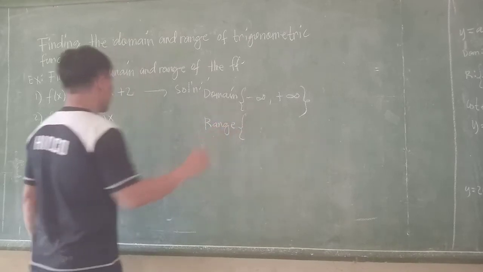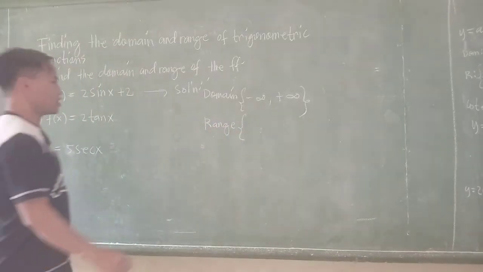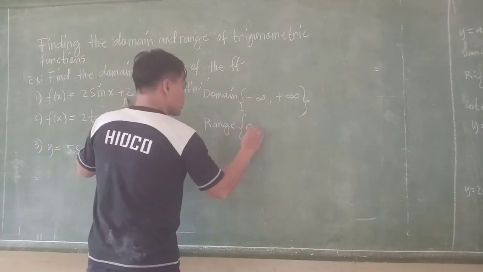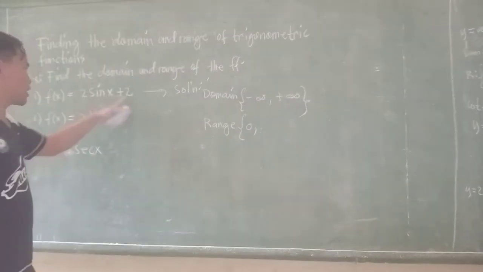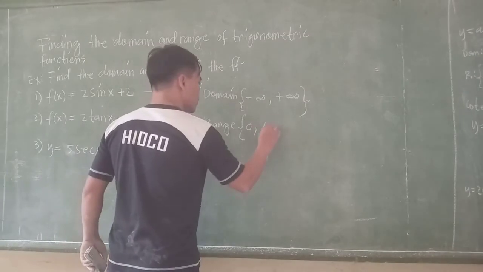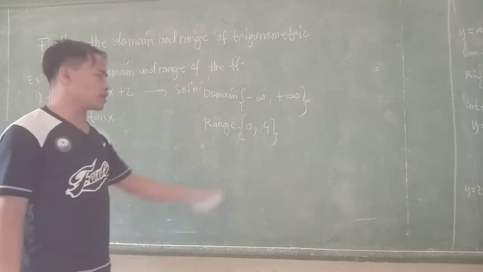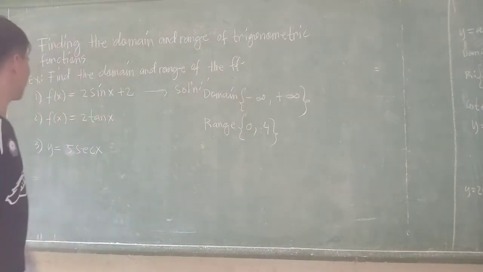And for the range of the sine function, we have negative 2 plus 2, which is 0, then 2 plus 2, which is 4. So from 0 to 4. So we have the domain, from negative infinity to positive infinity, and the range, from 0 to 4.